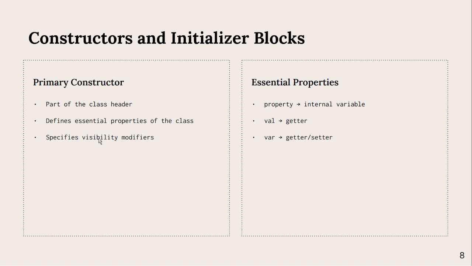Visibility is another feature that we will talk about at the end of the topic. For essential properties, val is an immutable essential property, so a getter is generated. For var, an essential property, a getter and setter are generated.